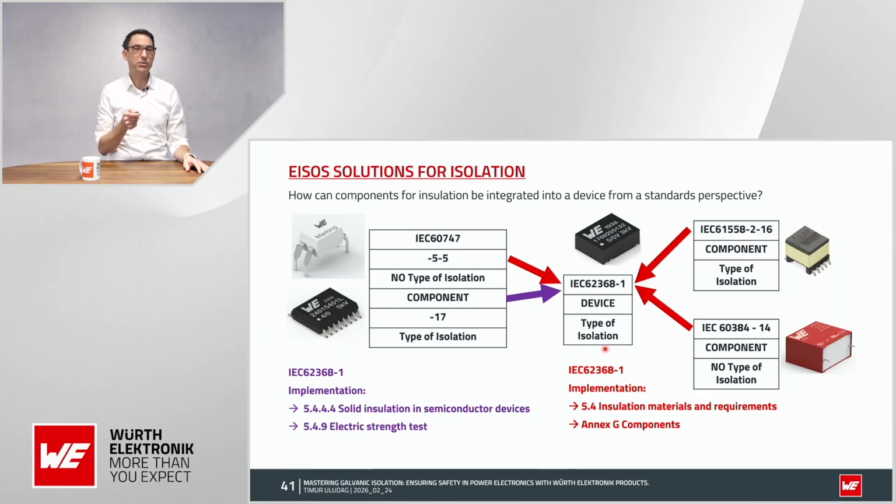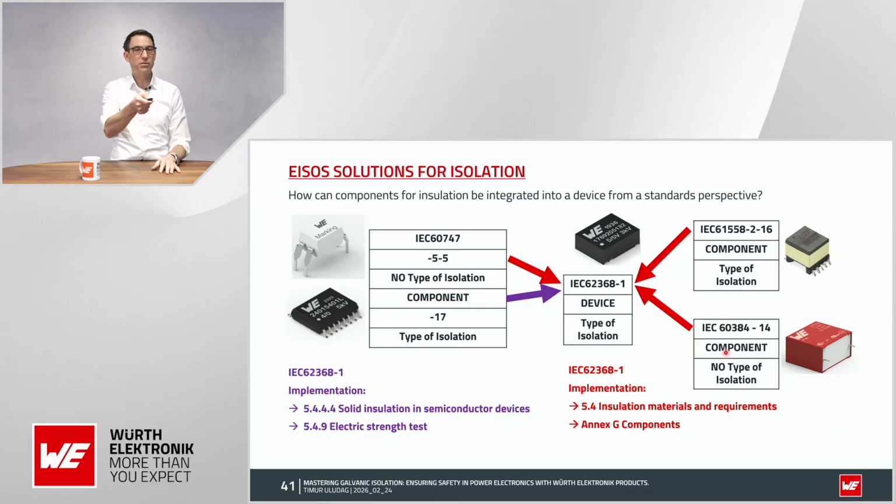If we check how to integrate a capacitor, you will see that a capacitor has no type of isolation. That means there is no information about whether it is functionally isolated, basic isolated, reinforced or double isolated. So you need some way to integrate it.